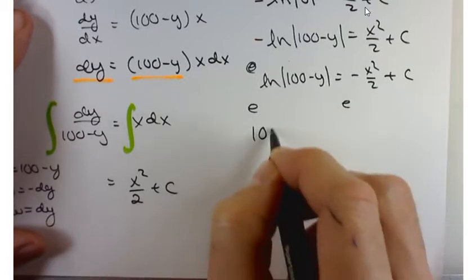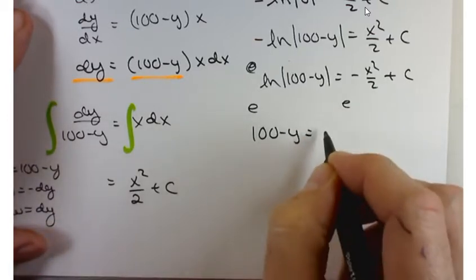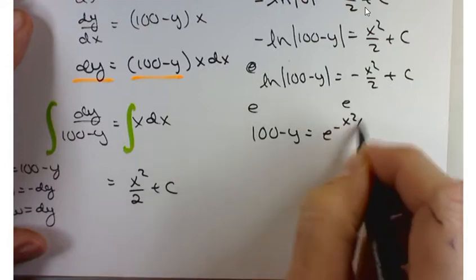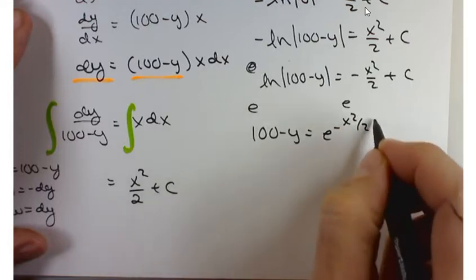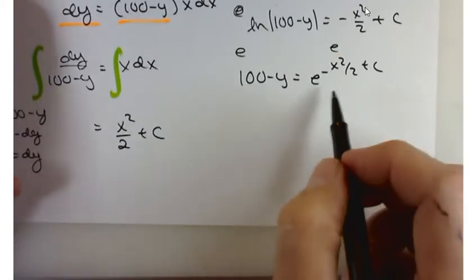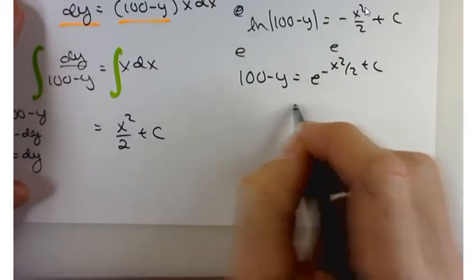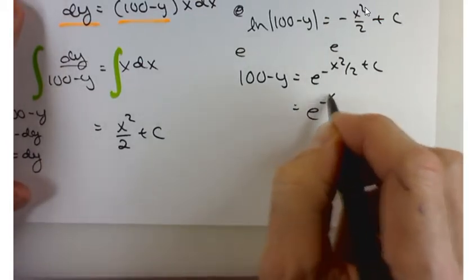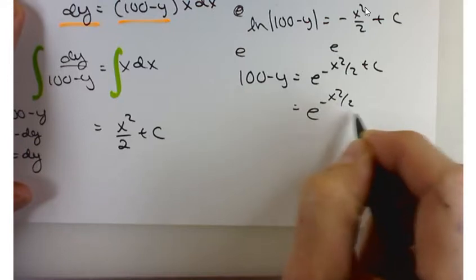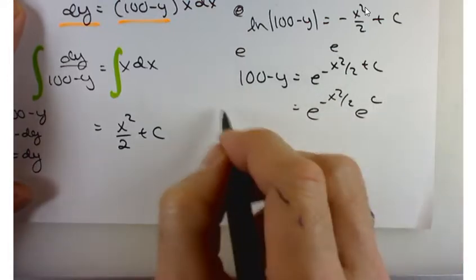This cancels down to 100 minus y equals e to the negative x squared over 2 plus a constant. That can be rewritten as e to the negative x squared over 2 times e to the c.